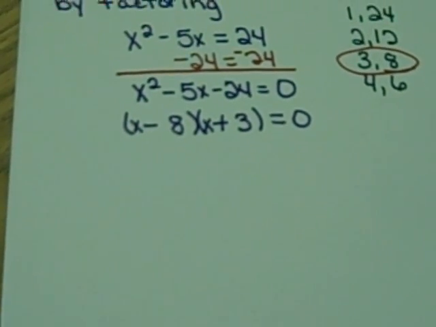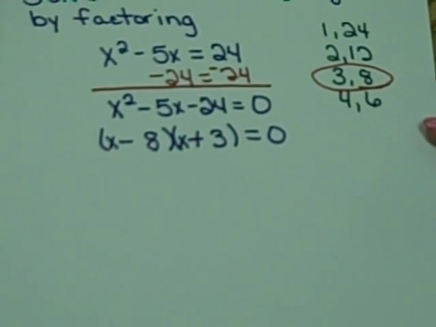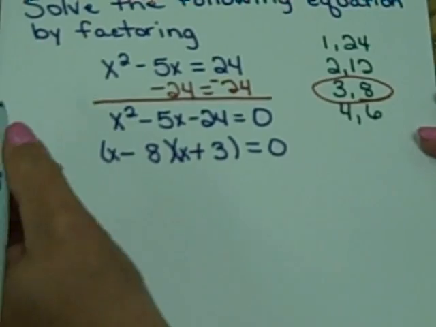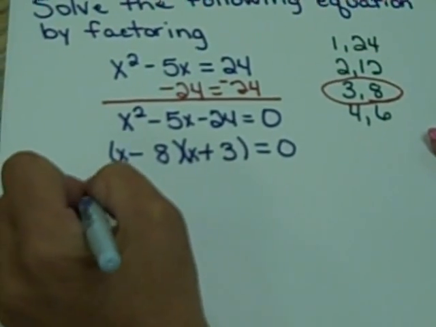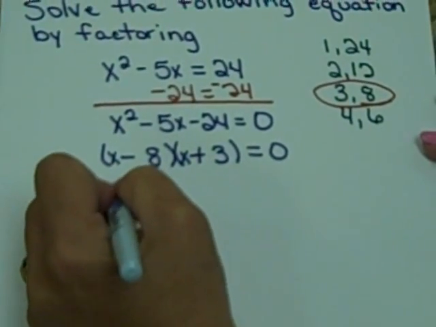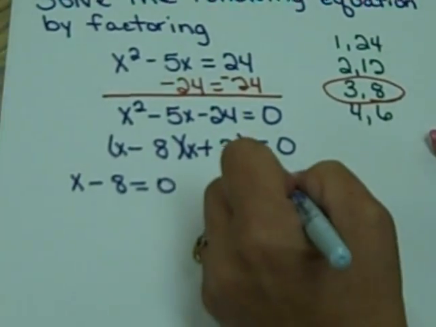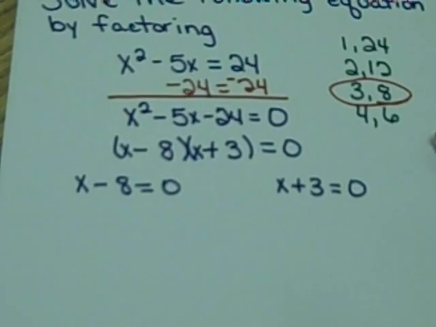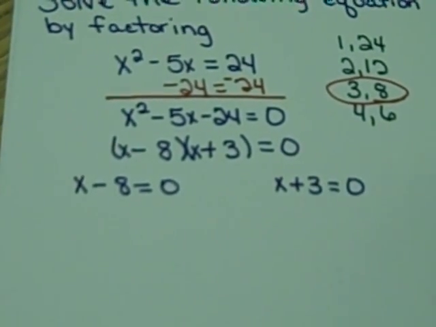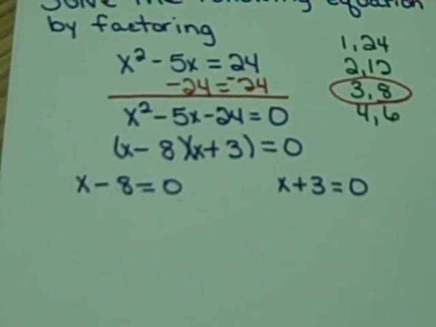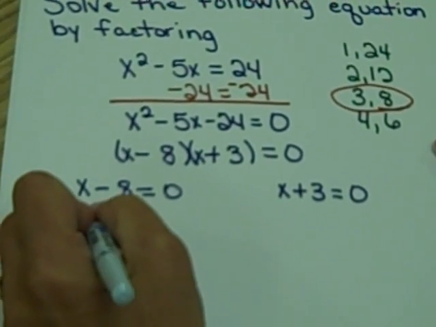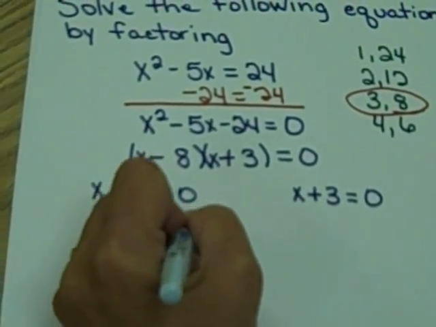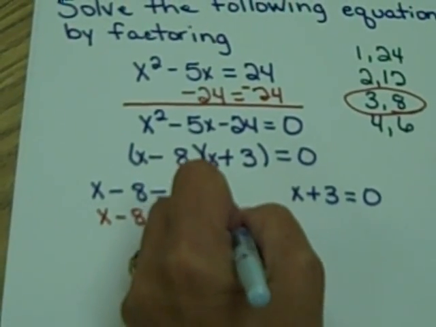Now, all we're going to do is use the zero factor property to set each factor to equal 0. So we're going to take each set, x minus 8 equals 0, and x plus 3 equals 0. Then solve for x. X minus 8 plus 8 equals 0 plus 8.